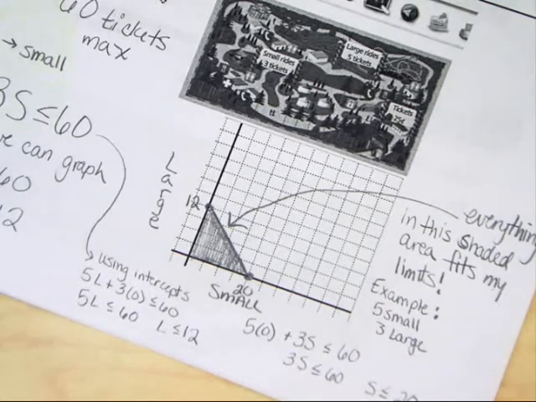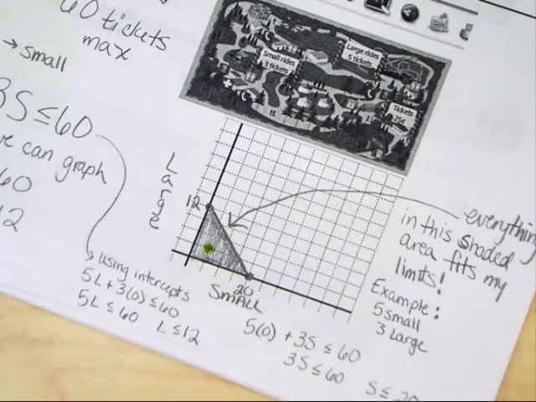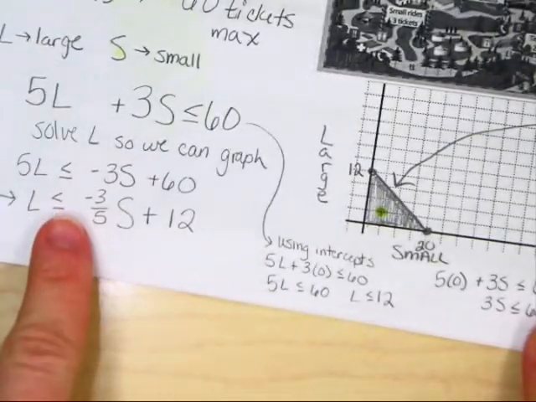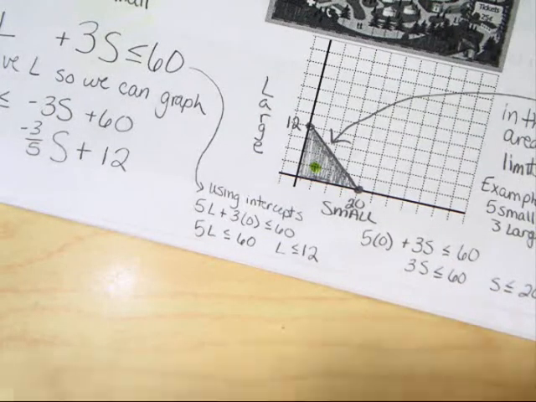And why is that an answer? Because it's right here in the shaded region. 5 small and 3 large. So anything inside of that shaded area fits your limits. You could have graphed using y equals mx plus b, or you could have graphed how I did using intercepts.